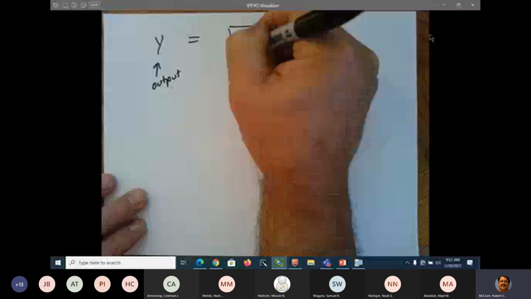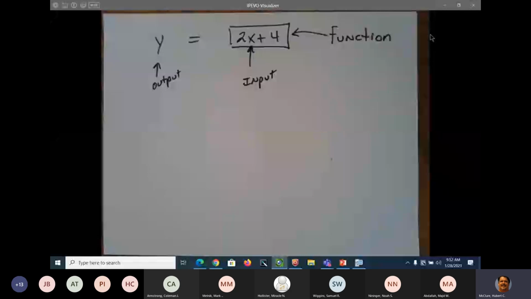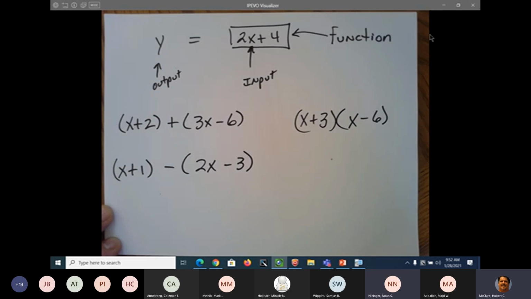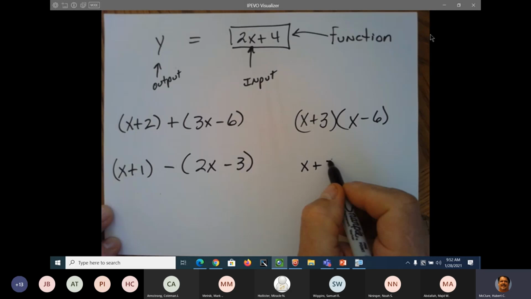Now, back in grammar school and K through 12 or whatever, you were told that you could add functions and you could subtract functions. Here's f of x plus 2 plus 3x minus 6, and x plus 1 minus 2x minus 3, and x plus 3 times x minus 6, and x plus 2 over x minus 1.